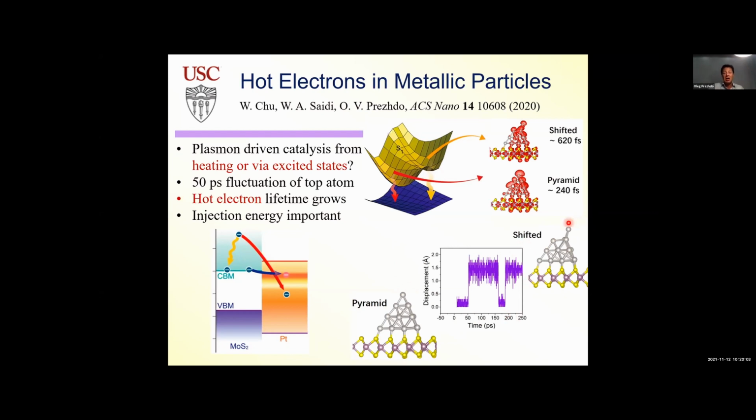But once it's shifted, the lifetime of the electron increases, maybe not by too much, a factor of 2.5, but it can actually matter for some photochemistry. If you have a molecule adsorbed on this particle, and then you have a hot electron that does not decay for almost a picosecond, it has enough time to start breaking some bond. So 100 femtoseconds versus a picosecond could make a difference for some photochemistry.